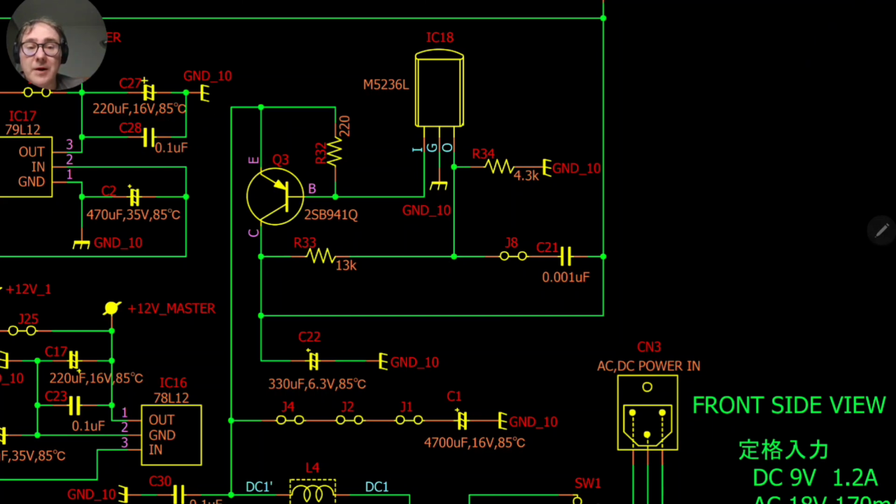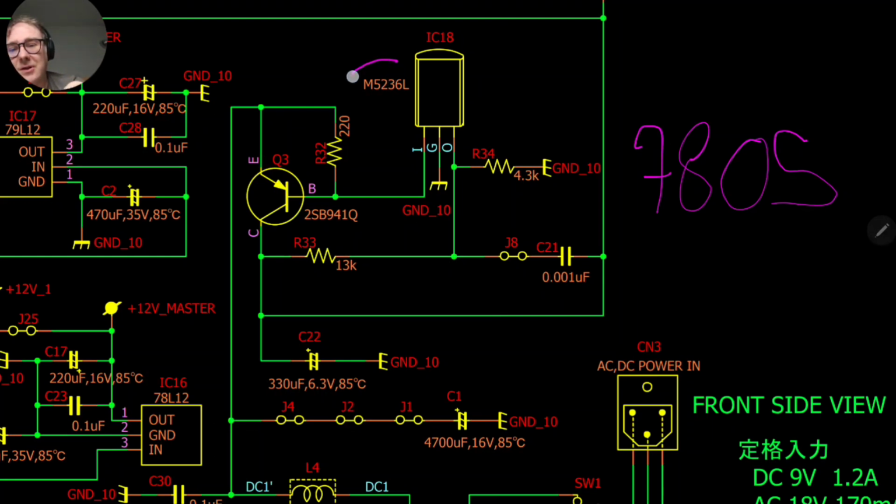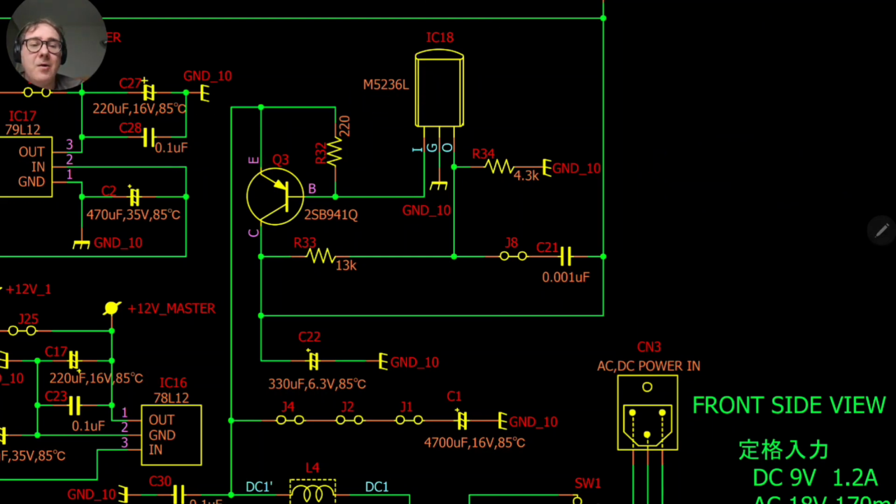Why? Normally, in most of the computers that you'll find, it uses a regulator which is the 7805 to generate the 5 volts. This one in particular is not using this, it's using this regulator, the M5236L. Why? I don't know.